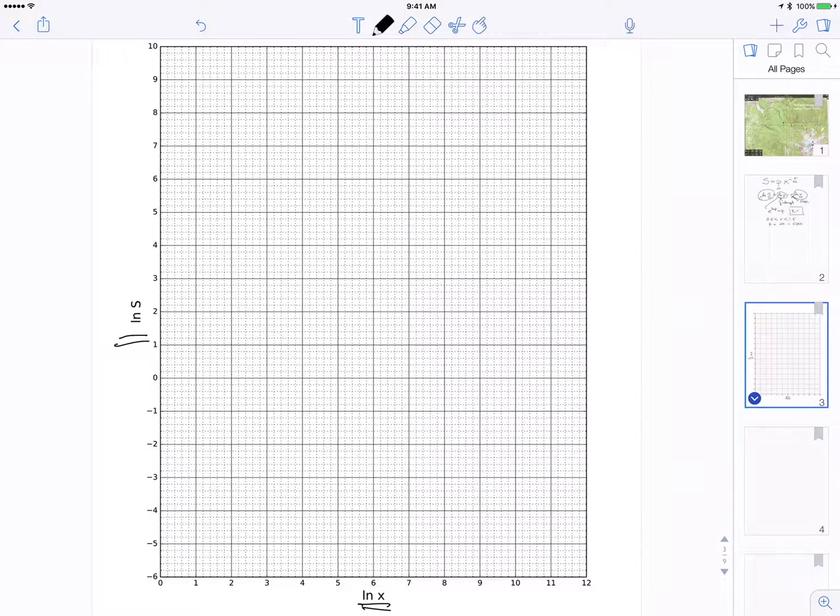Now, if we do this in meters, which is what you want to do, all of your data is going to plot in this part of the graph. But with that, we can then take those results and extrapolate them over to the value where the natural log of x is equal to 1, and that will give us the value.